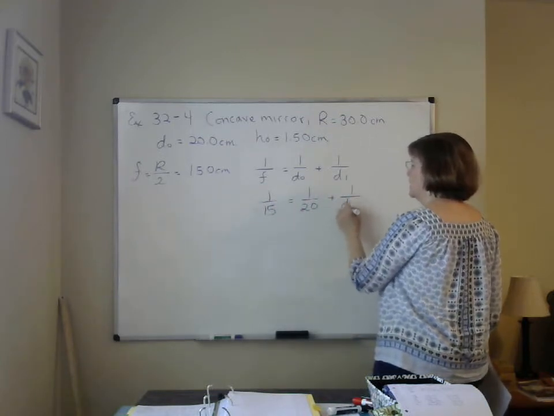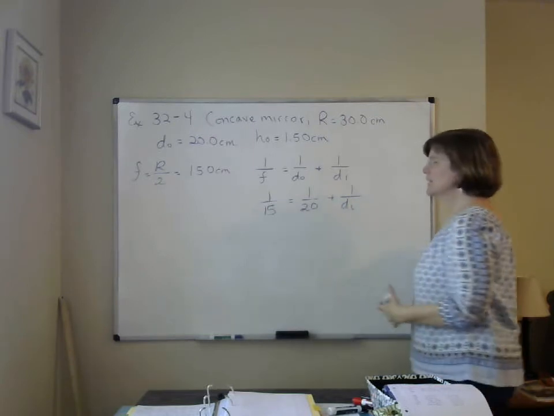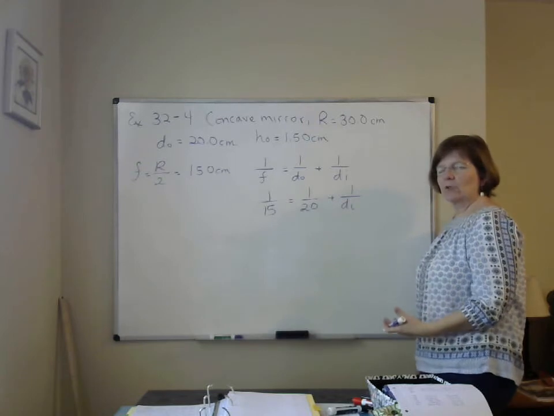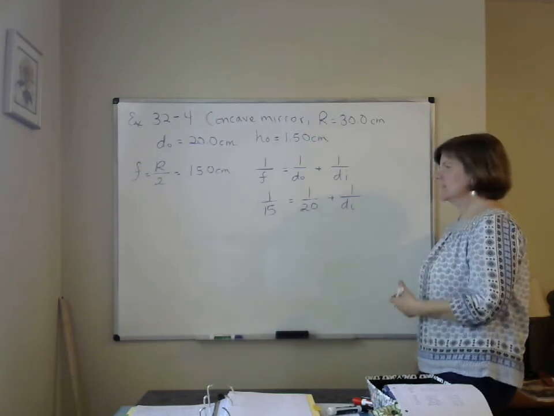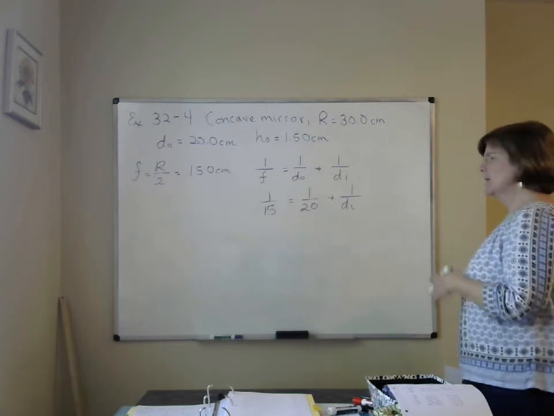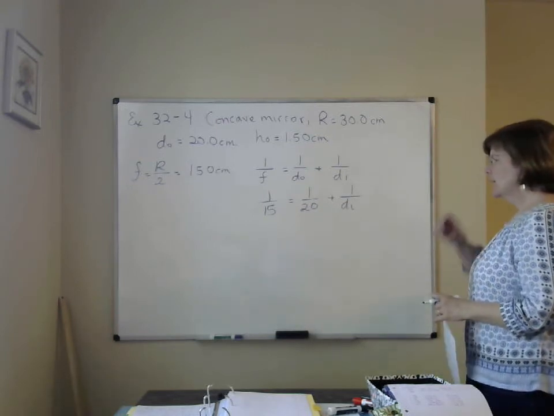Now, I probably would just type this into a calculator and solve for di. 1/15 minus 1/20, we'll get a decimal, then you'll take an inverse. It's certainly possible to do these types of problems by hand.